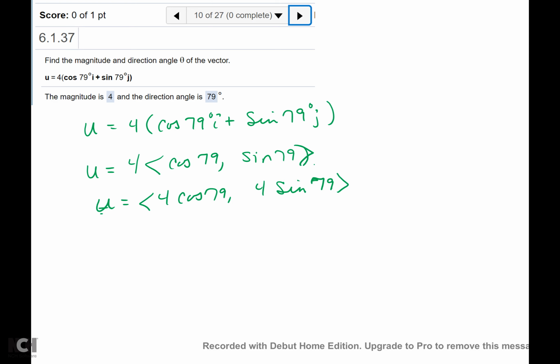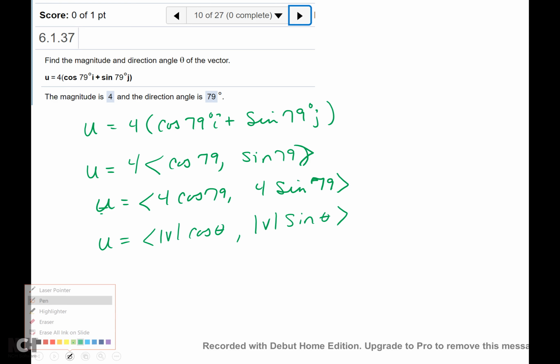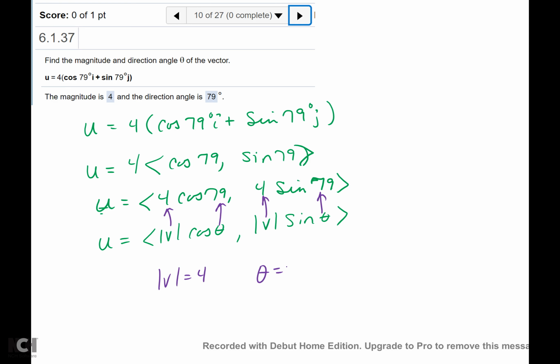If you use our formula, which says magnitude of v times cosine theta, magnitude of v times sine theta, you can see that the magnitude has to be 4 and theta has to be 79 degrees.